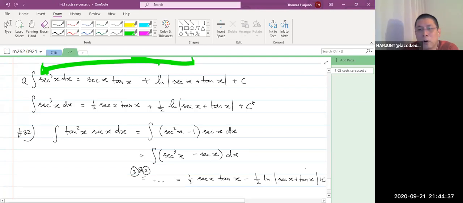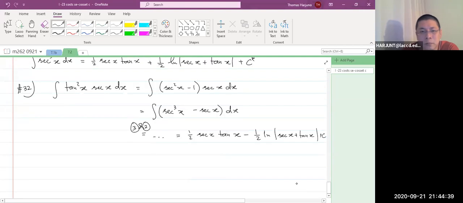Number 34. Integral of sine phi over cosine cube phi.